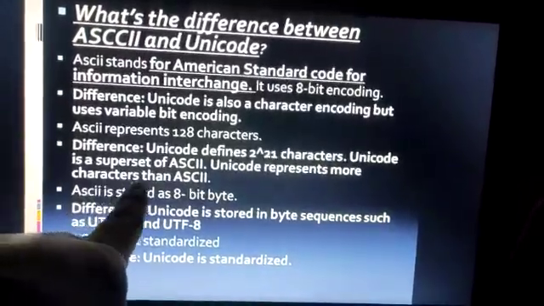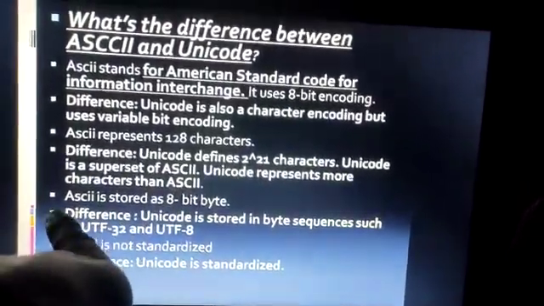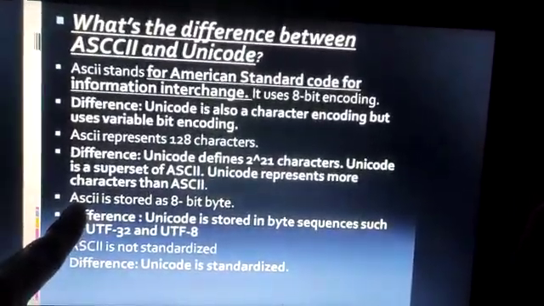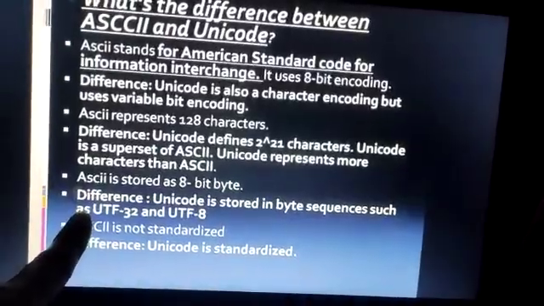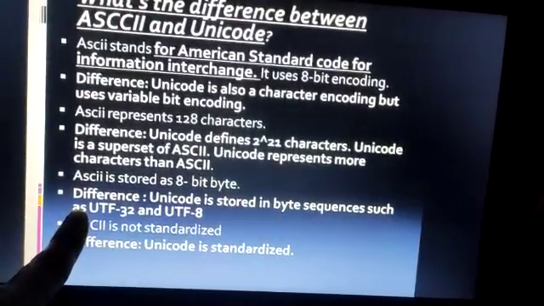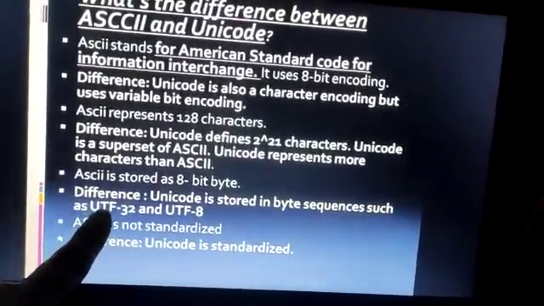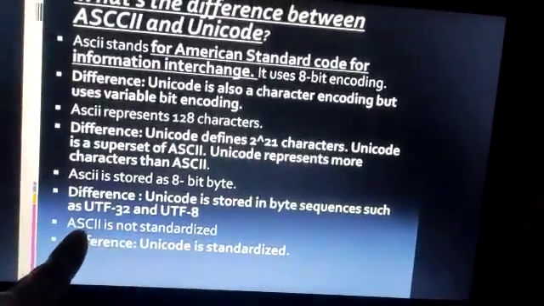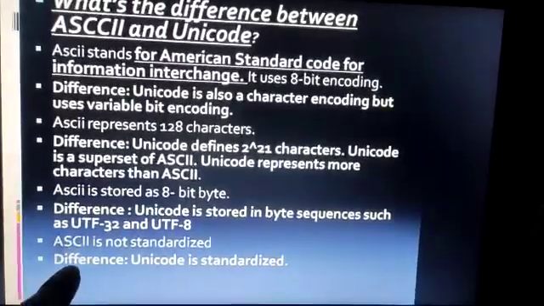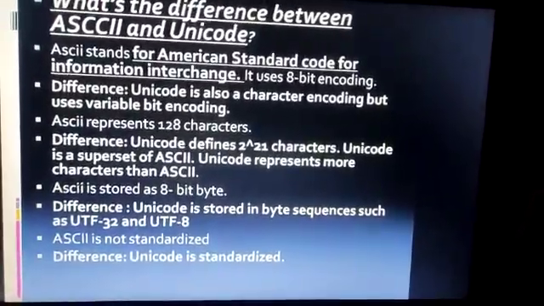Unicode represents more characters than ASCII. ASCII is stored as 8-bit bytes. Unicode is used in byte sequences such as UTF-32, UTF-8 and UTF-16. ASCII is not a standardized code, but Unicode is a standardized code.